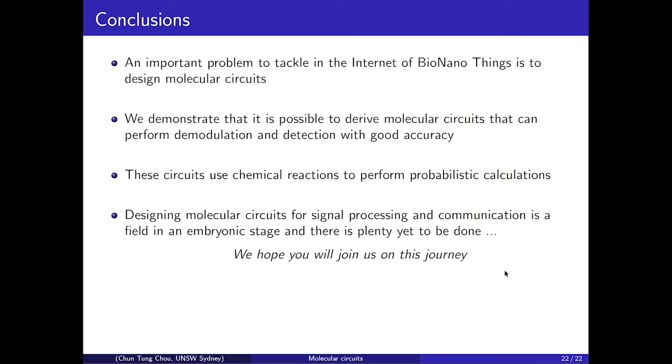We purposely came up with these circuits to demonstrate that we can use chemical reactions to perform these probabilistic types of calculations. Designing molecular circuits for signal processing and communication is a field in an embryonic stage, and there is plenty yet to be done.